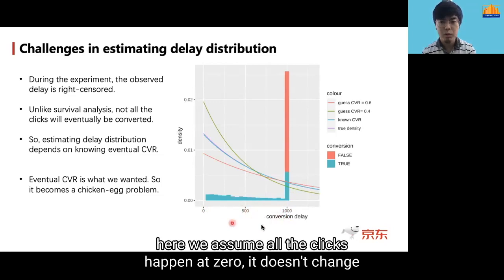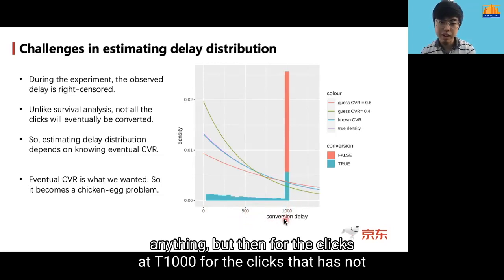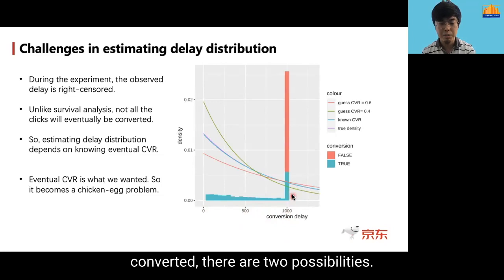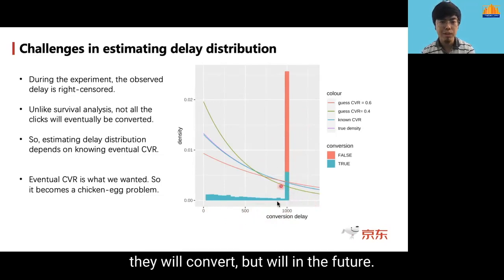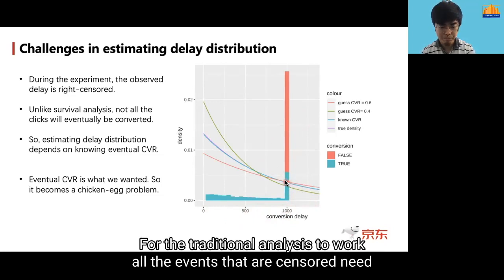For simplicity, we'll assume all the clicks happen at 0. It doesn't change anything. But for the clicks that have not converted at t equals 1,000, there are 2 possibilities. Either they will never convert, as indicated by the red portion here, or they will convert, but in the future.